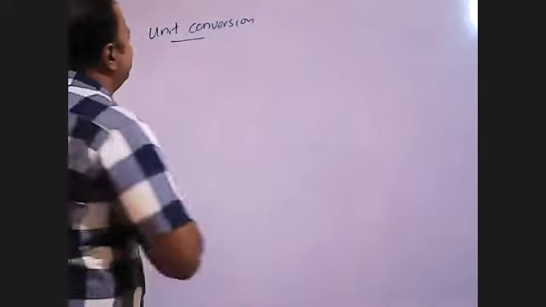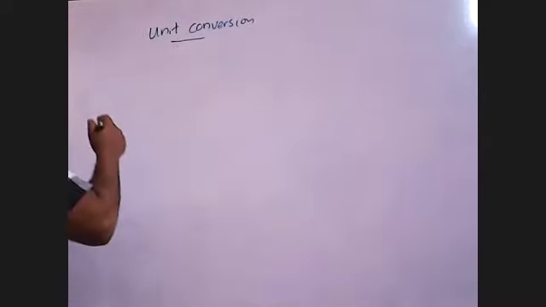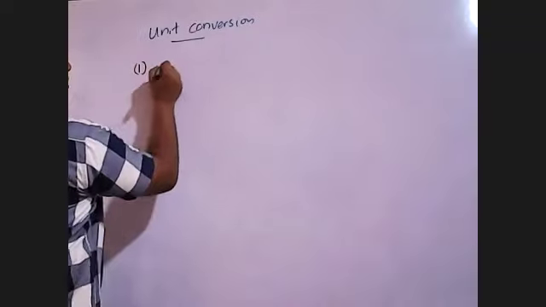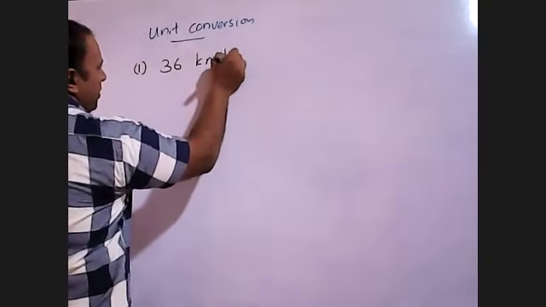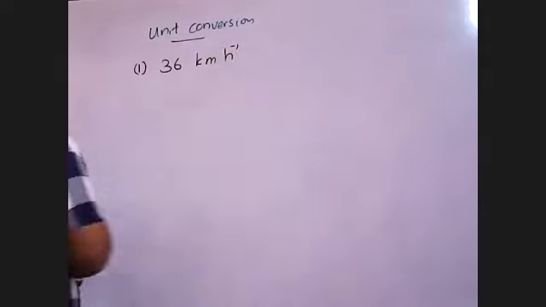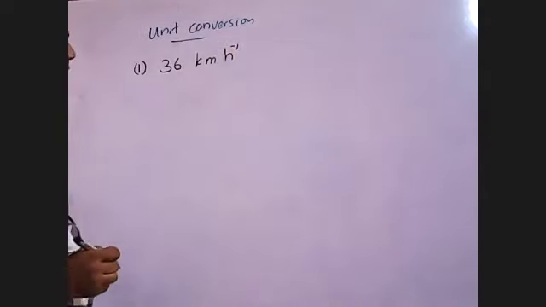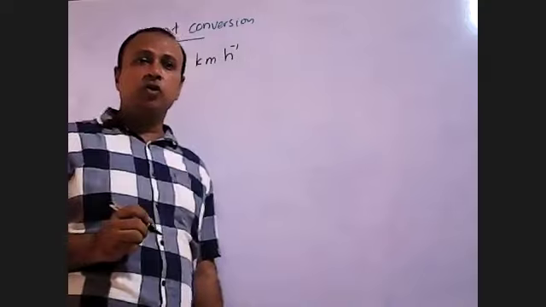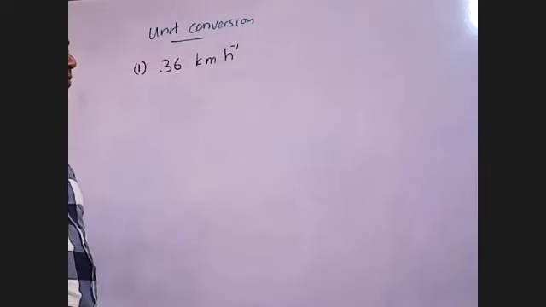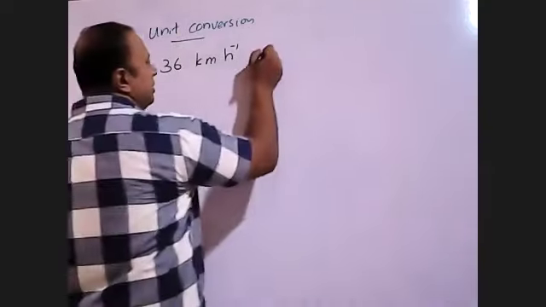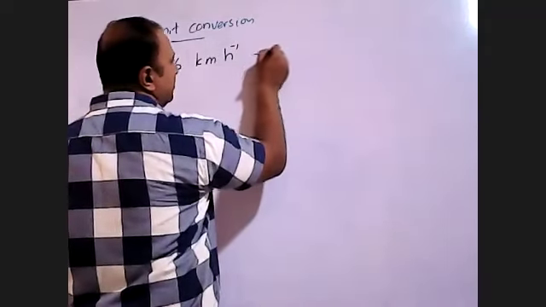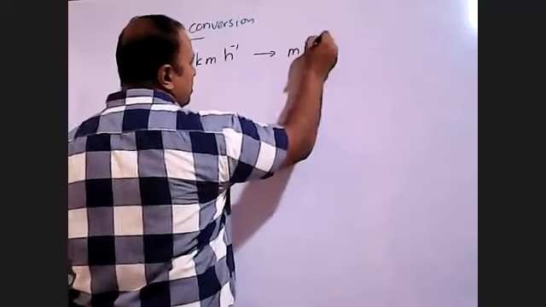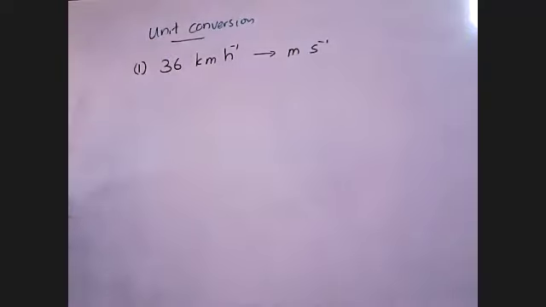Okay, look at this one. Suppose the first one, 36 km h minus 1. That means 36 kilometer per hour has to be converted into m s minus 1. Okay, how to do this?